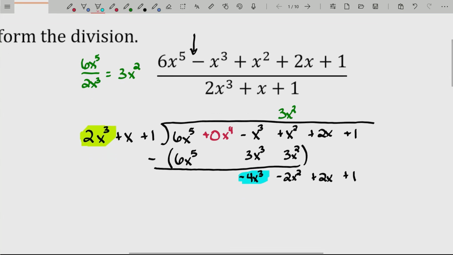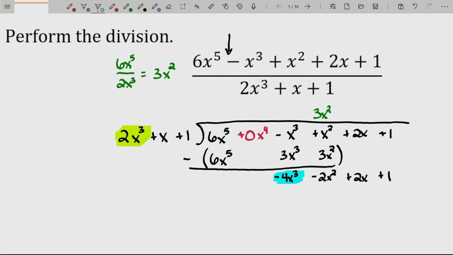So we're asking, how many times does 2x cubed go into that negative 4x cubed? I'll write that off to the side here in green. So I have a negative 4x cubed, and I'm going to be dividing it by 2x cubed because I want to know how many times it goes in. That'll be a negative 2 times. It's actually a very nice, clean number.